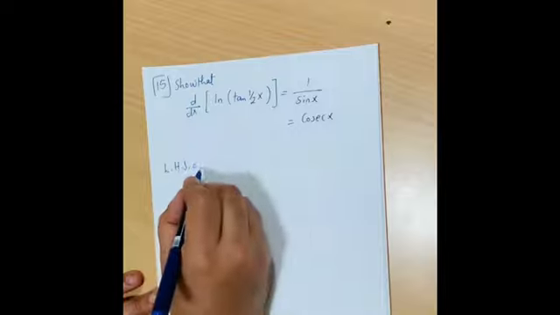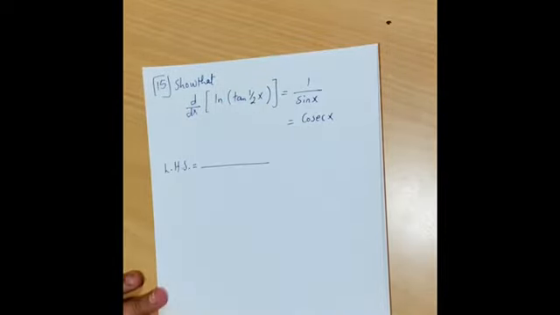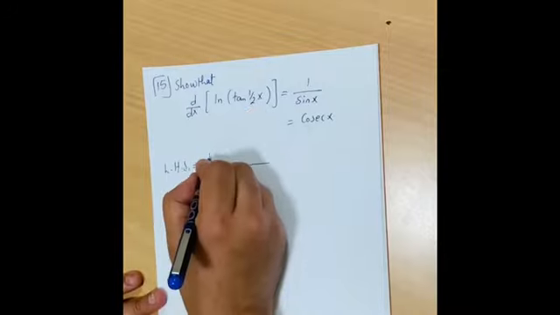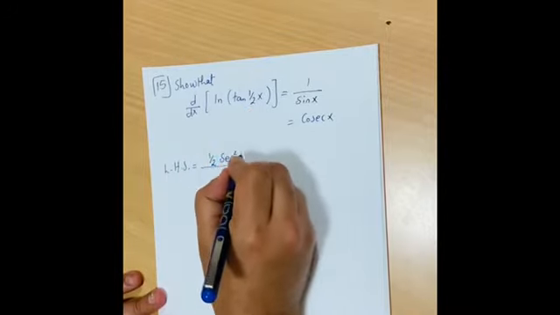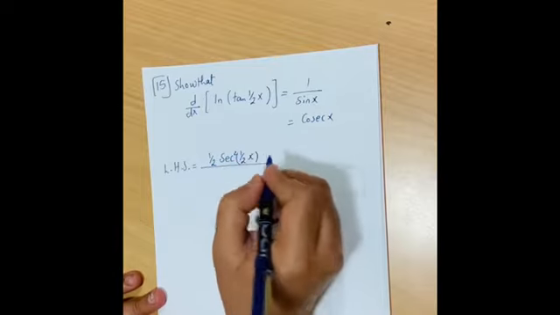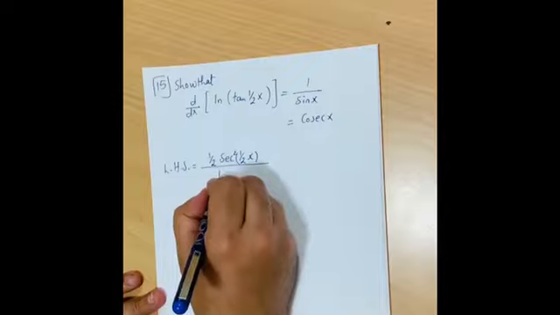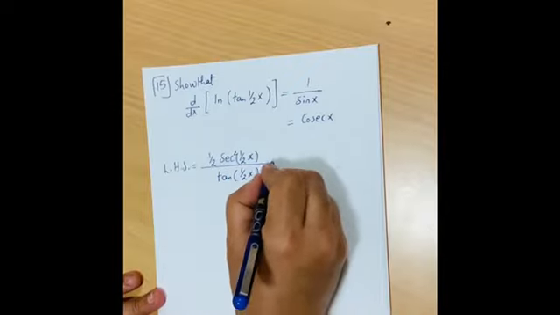Differentiation of ln is derivative of what you have inside over the function itself. Differentiation of half x is half, and differentiation of tan is sec squared half x. This is the angle. Divided by tan of half x.